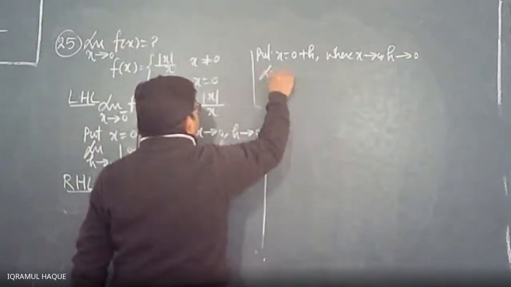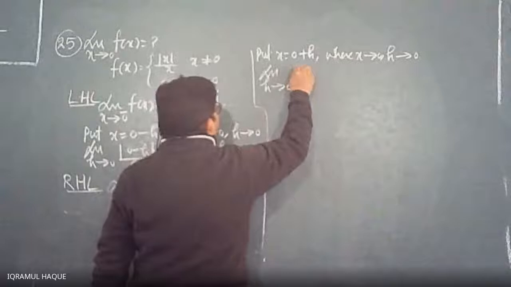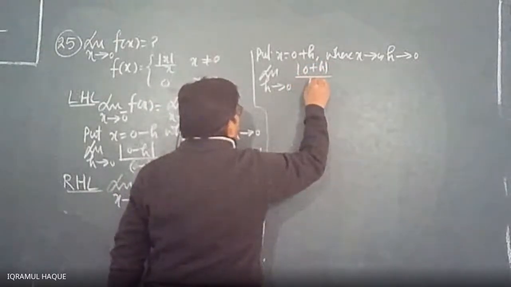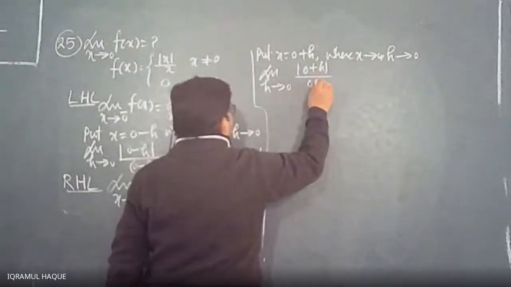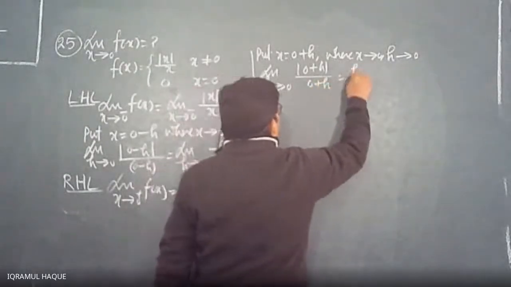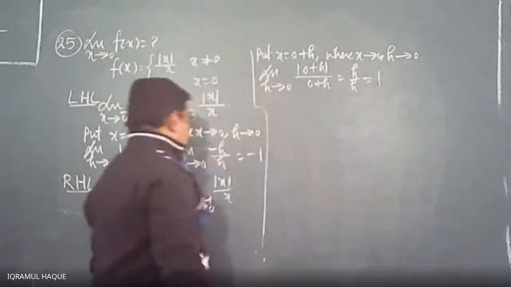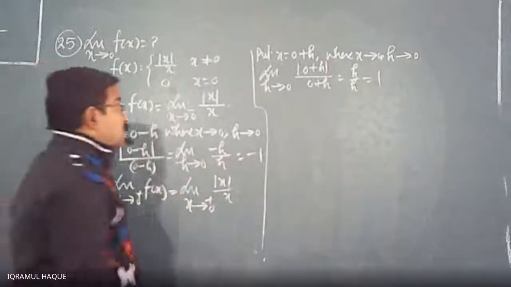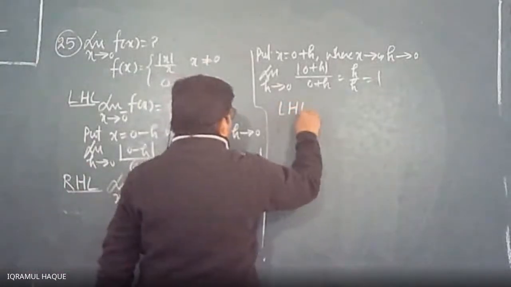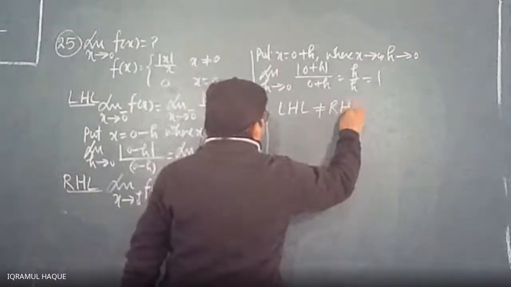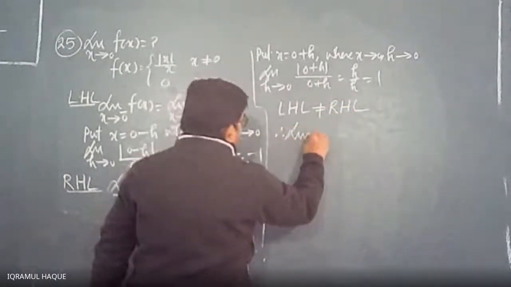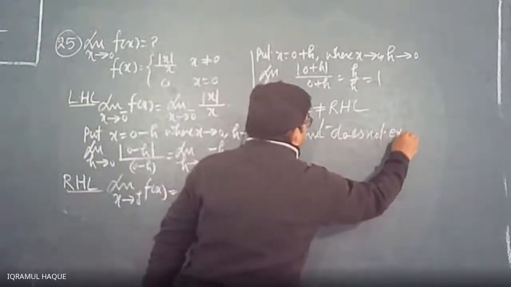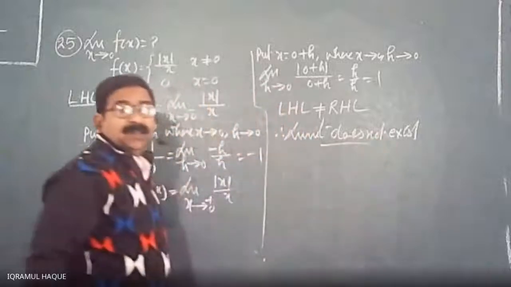We can write limit h tends to 0 of 0 plus h upon 0 plus h. This is h upon h, equal to 1. So from LHL we have minus 1, and from RHL we have plus 1. So LHL is not equal to RHL. Therefore, we write the limit does not exist.